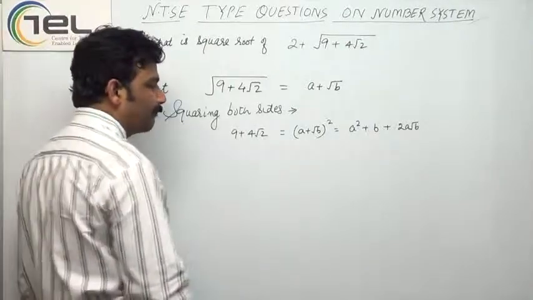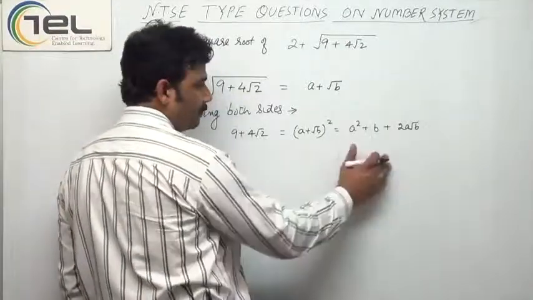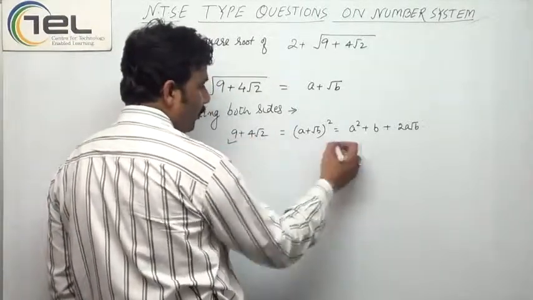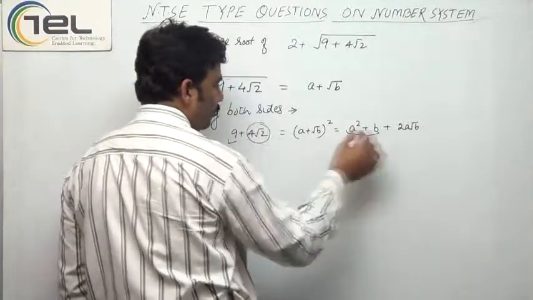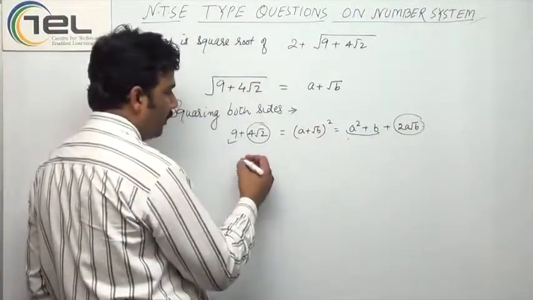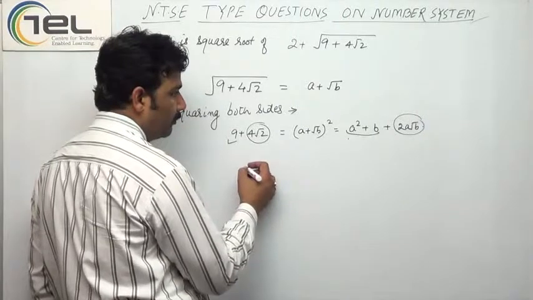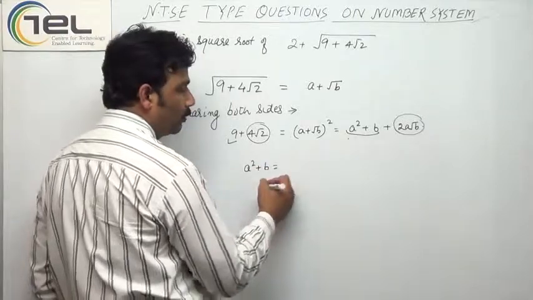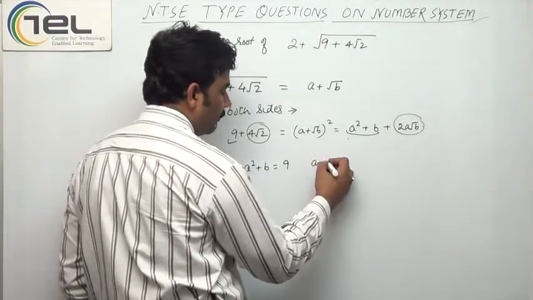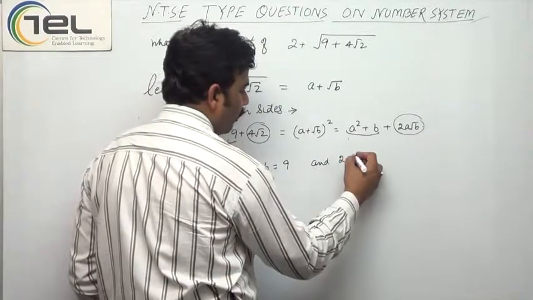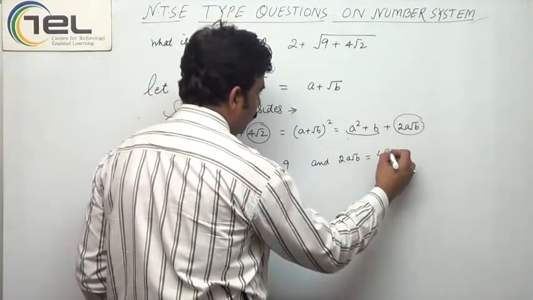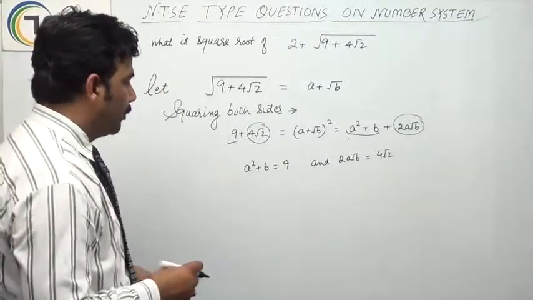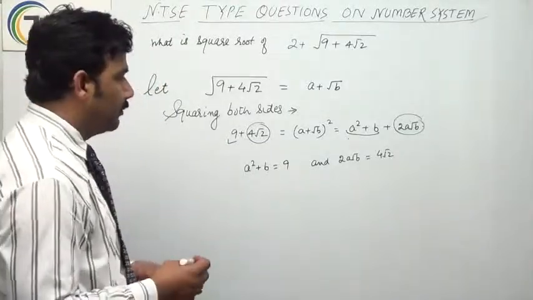So, equating the terms, this will be equal to this one, and this square root term will be equal to this one. So what we have is a square plus b equals 9, and 2a root b equals 4 root 2. Now we just substitute some values and make hit and trials.